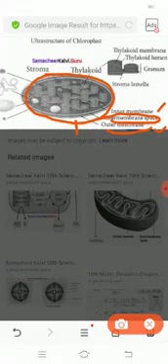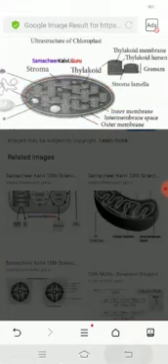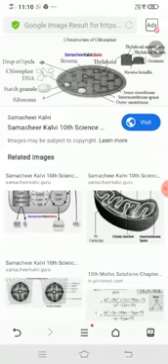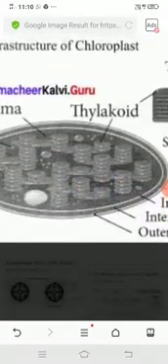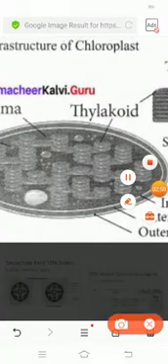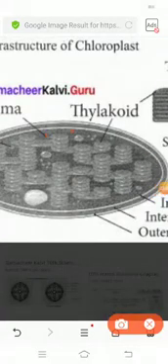Next one we see the stroma. Inside, the matrix is present in this place.